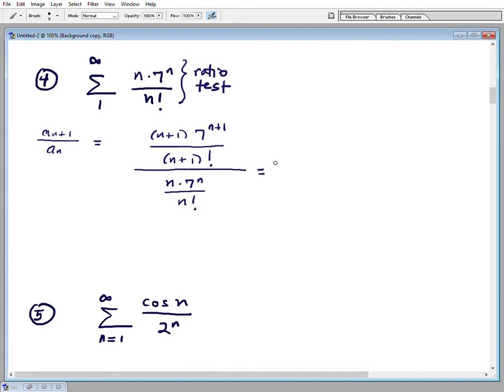So we're going to get a lot of canceling or simplifying. I'm just going to take the reciprocal of the denominator.